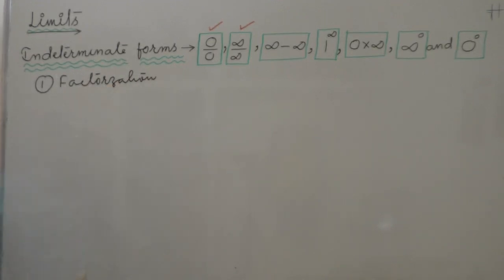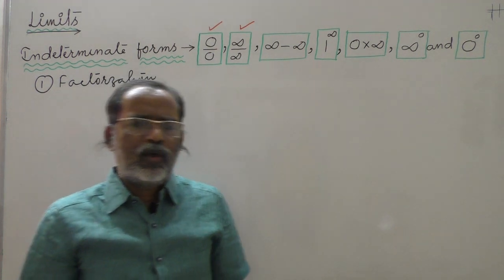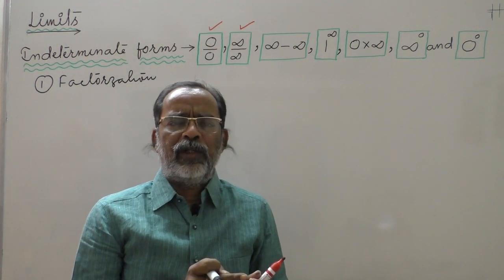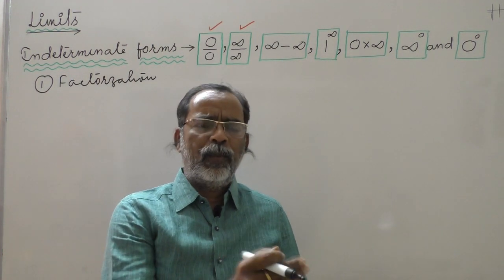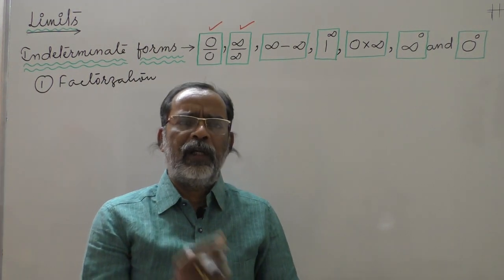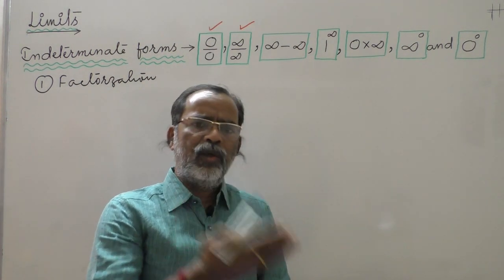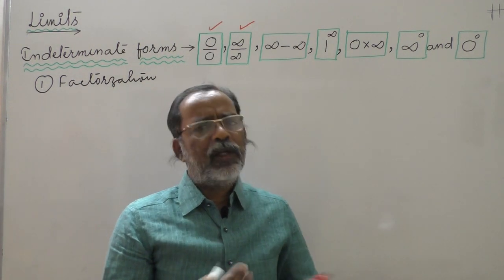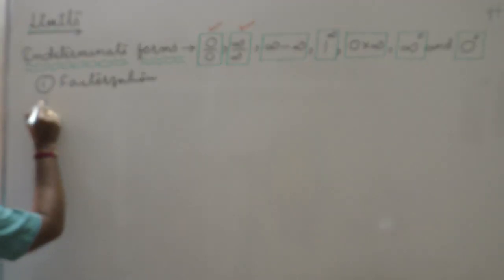That means you can find the factors of the given function. You will get 0 by 0 if the numerator and denominator have any common factor. By factorizing, you cut the common factor, then you will get the limit. That method is the factorization method.